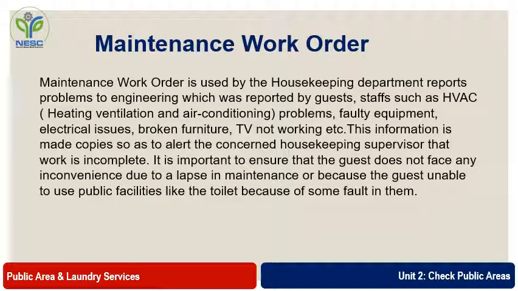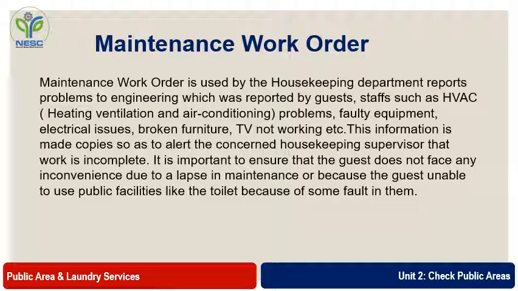Next, maintenance work order. So what is a maintenance work order? A maintenance work order is issued by the housekeeping department and reports problems to engineering which are reported by guests or staff, such as HVAC, that is heating, ventilation and air conditioning problems, faulty equipment, electrical issues, broken furniture, TV not working, etc. Copies of this information are made so as to alert the concerned housekeeping supervisor that work is incomplete.